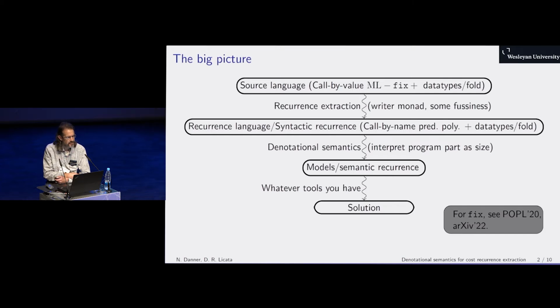I should have said that when I think of call-by-name ML or call-by-value ML, that's with let-polymorphism. So we extract that into some form of a predicative polymorphic lambda calculus. And then we hit it with a model, interpreting the recurrence in some sort of denotational semantics. That's where we give this notion of size for the arguments of the original source program. And it's at that point where we should start seeing the recurrences that we would expect to see showing up.